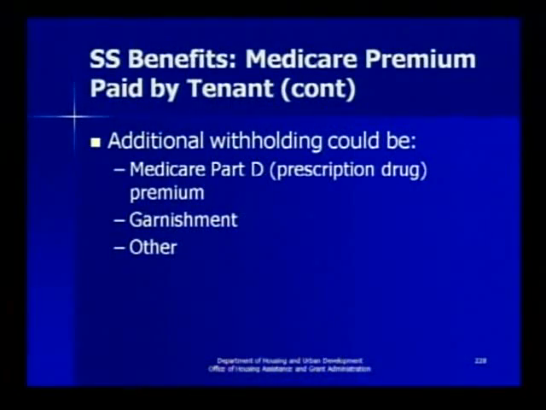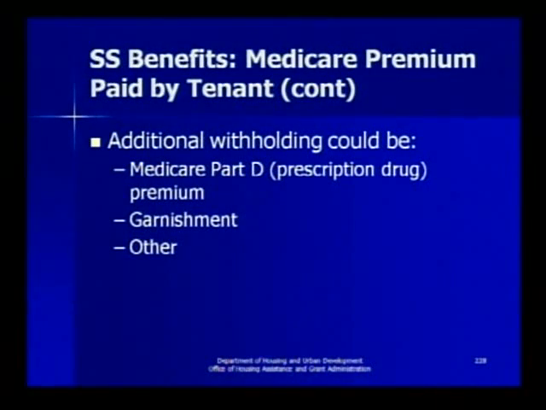That difference could quite possibly be some portion having to be attributed to the Medicare Part D, the prescription drug program. We don't know. They don't separate it out. We have no idea. It could relate to a past garnishment amount, or could relate to a host of other items that they are netting from the tenant's check.